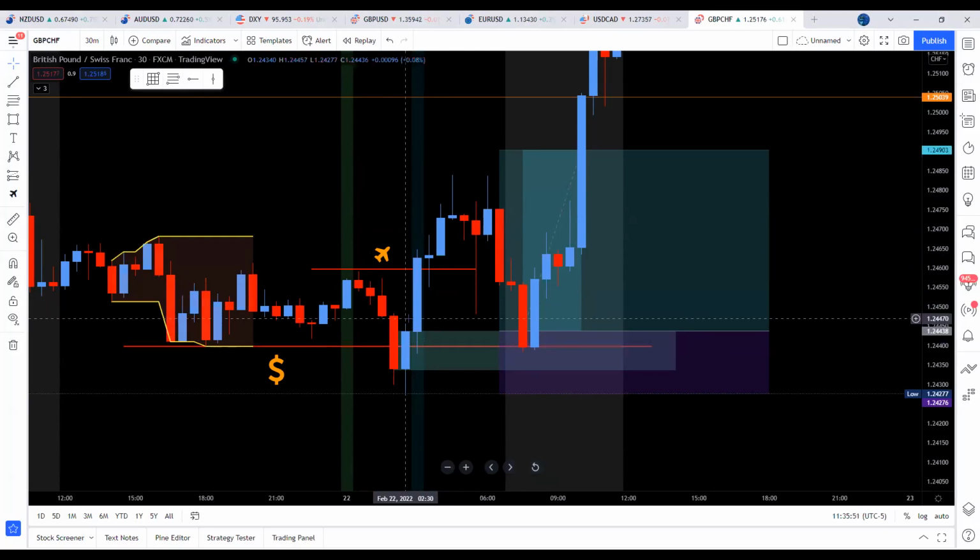Now, in this case, we see the actual candle that's supposed to be the order block, because by definition, the order block is the last opposite candle to the direction that the break of structure happened. Break of structure was bullish, so we look for the last bearish candle right before the break of structure, or the origin of it. In this case, this candle is actually bigger than the engulfing one next to it.